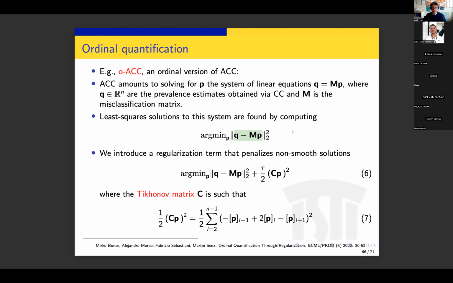In order to do this, we introduce a so-called regularization term, a term that penalizes non-smooth solutions. So this is the regularization term, and this is the quantity that needs to be minimized. Okay, so we look for the vector P that minimizes this whole quantity. So what is this term? Well, the idea is that C is the so-called Tikhonov matrix. Okay, so it's a matrix such that this equation is true.